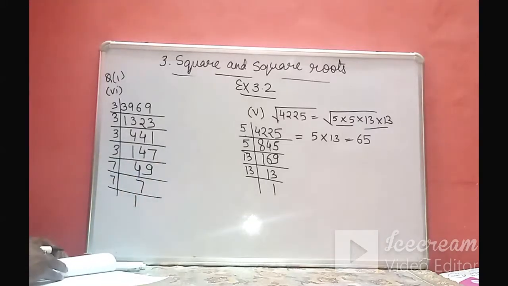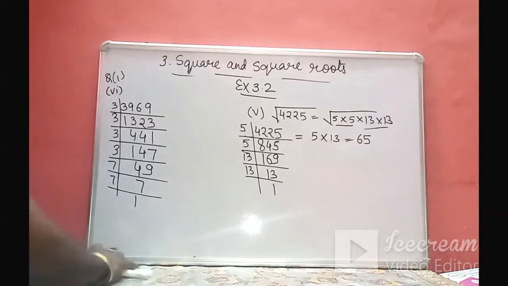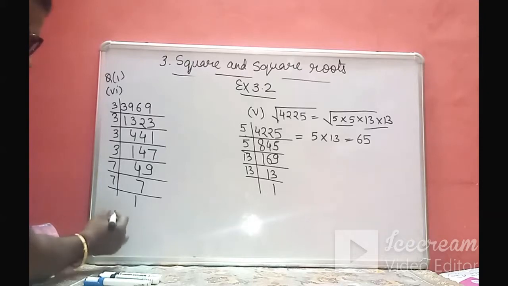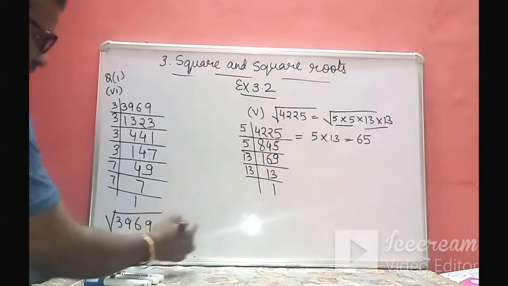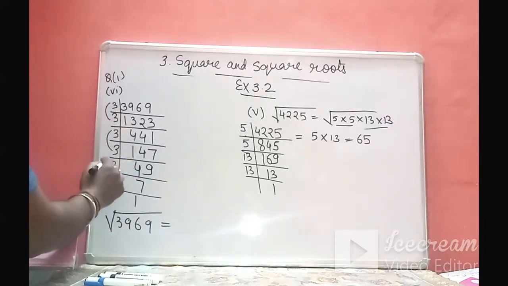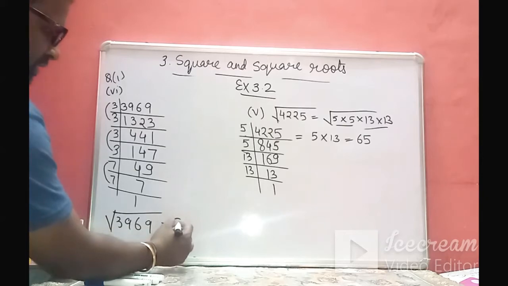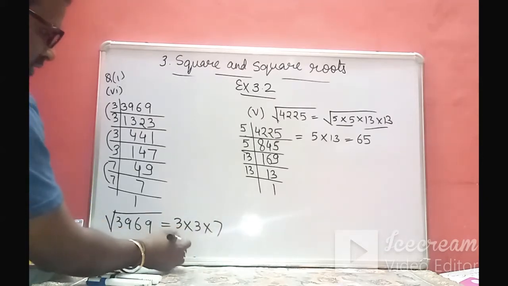Okay, like this. So what will be the square root of this number? We can write the square root of 3969 as 3 into 3 into 7, that is 63.